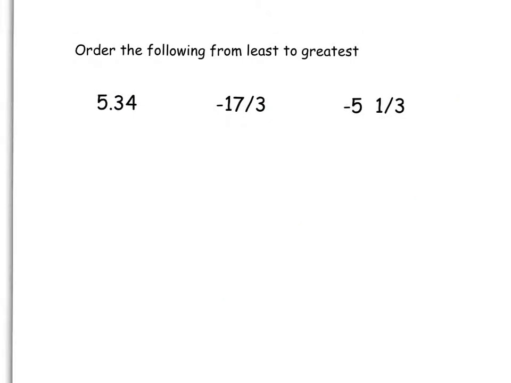All right, so one of the things you're going to have to do on your assessment is ordering. So you have 3 numbers here, and you have to order from least to greatest. Well, I know since 5.34 is positive, it's going to be the greatest. Now I have to determine which one of these is the greatest. 3 goes into 17 5 times with 2 left over.